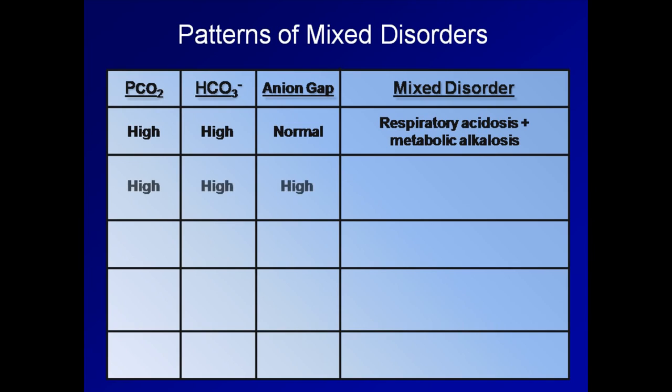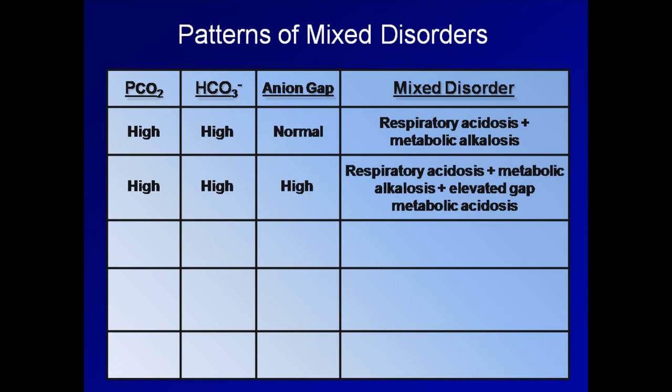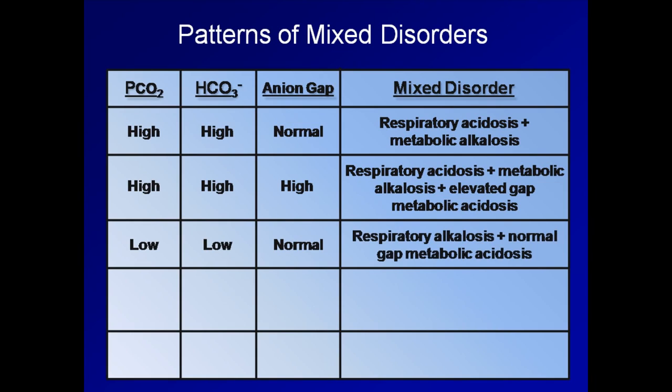If the pH is normal and the PCO2, bicarb, and anion gap are all elevated, the patient must have the triple disorder of a respiratory acidosis, a metabolic alkalosis, and an elevated gap metabolic acidosis. If the PCO2 and bicarb are both low and anion gap normal, the only explanation is a respiratory alkalosis combined with a normal gap metabolic acidosis.